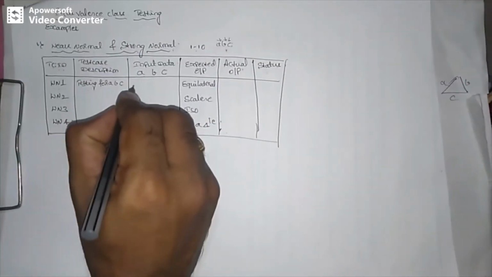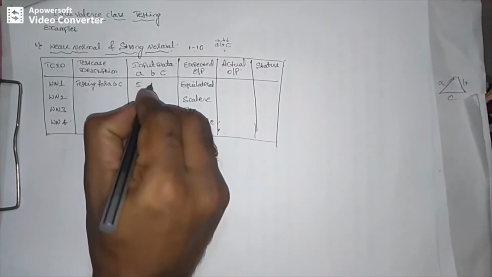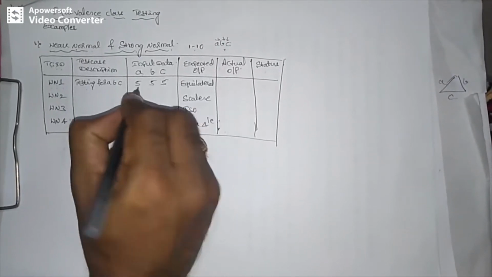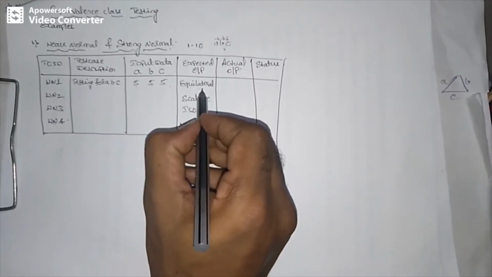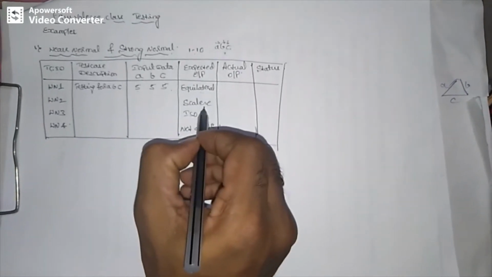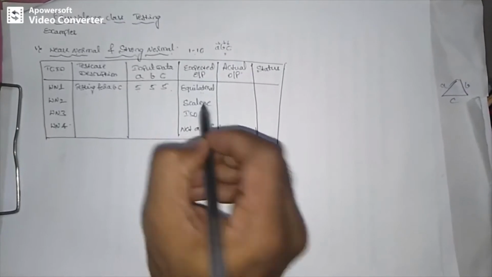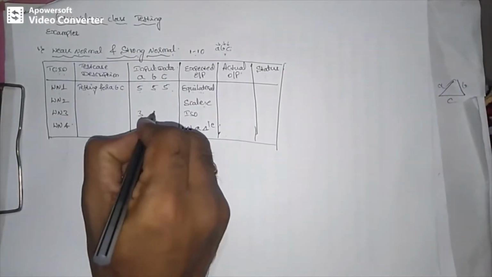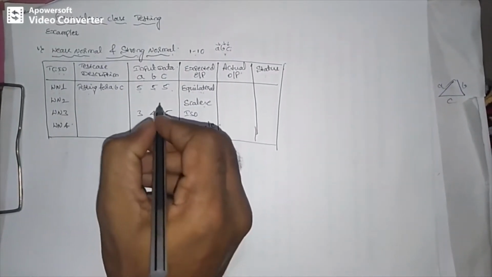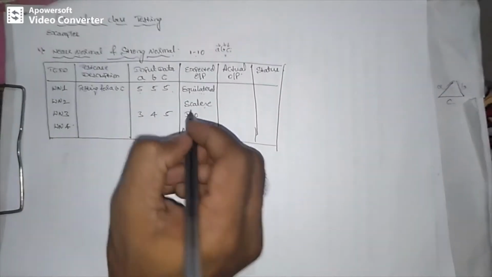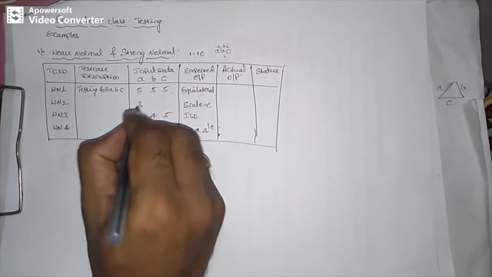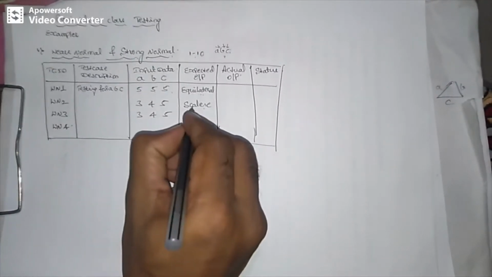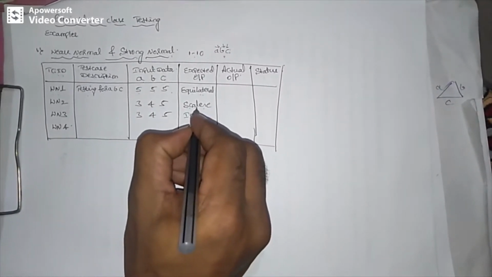Now let us consider the inputs. If I specify 5 5 5 as my first input, then my expected output is an equilateral triangle. To generate scalene as the output, my input will be 3 4 5, and the expected output is scalene.